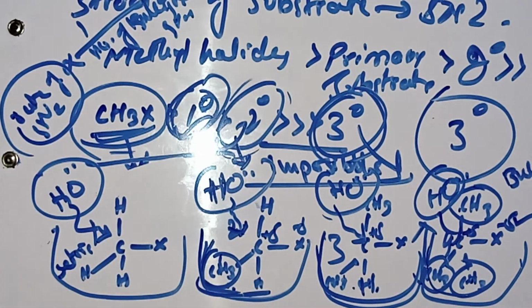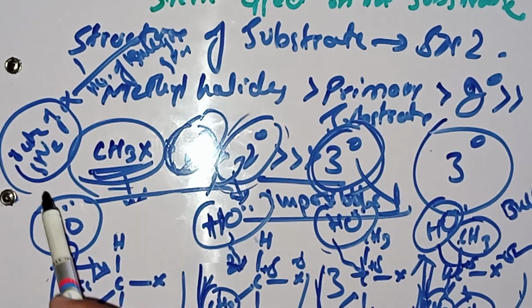The fewer bulky groups, the more the rate of SN2 reaction.